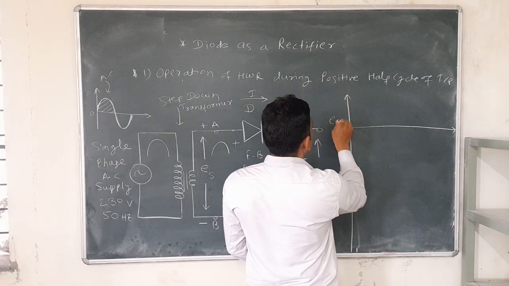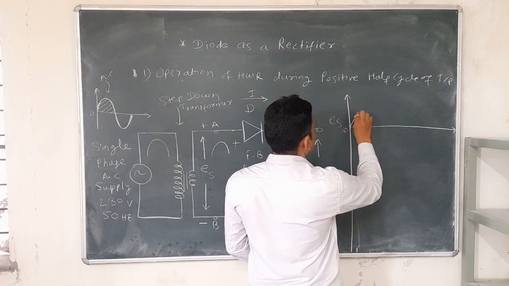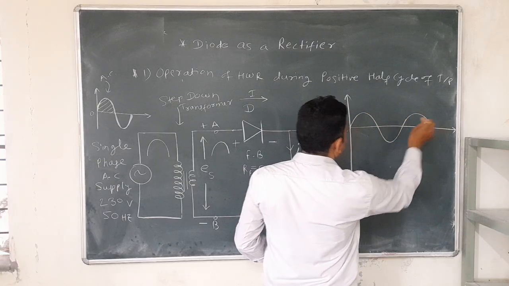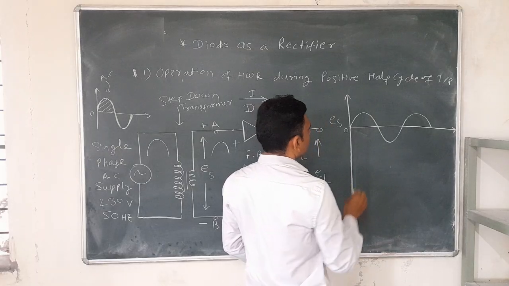The input signal, that is ES, the secondary voltage. That secondary signal is AC.